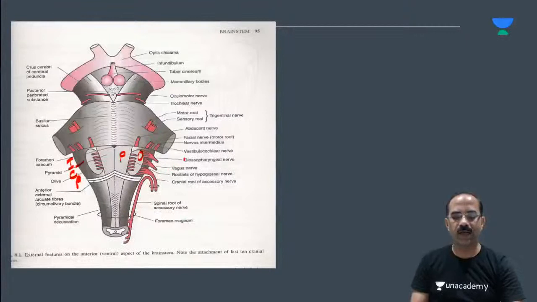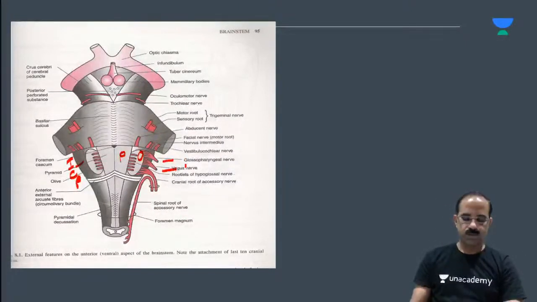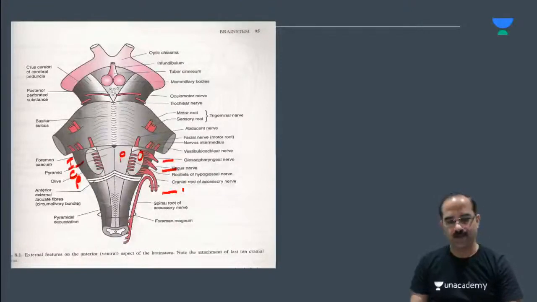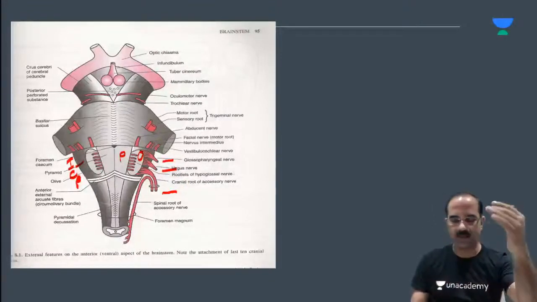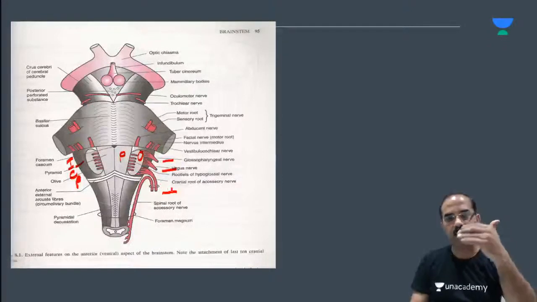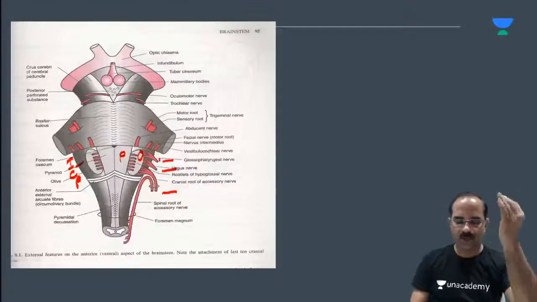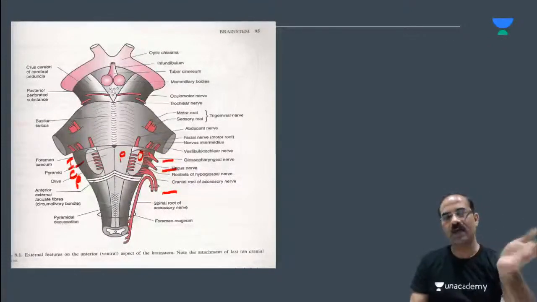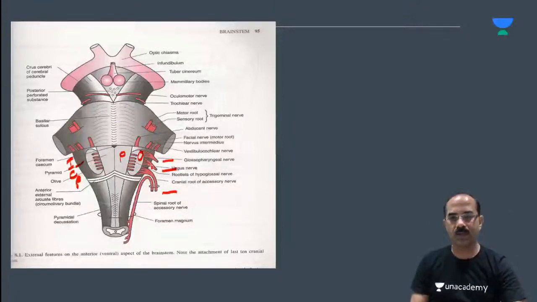Between the olives and the inferior cerebellar peduncle, there are three nerves: 9th, 10th and 11th, the cranial accessory. They are present between the olives and the inferior cerebellar peduncle.